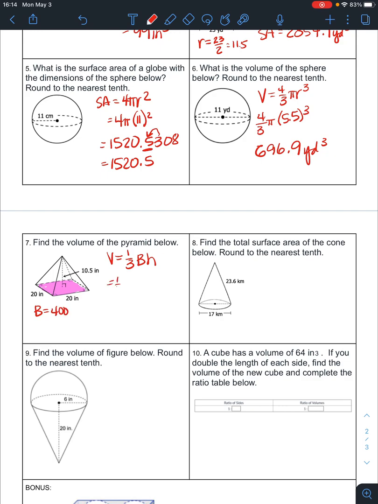So it's 1/3 the area of the base times the height, and that's your perpendicular height, which is 10.5. So 400 times 10.5 divided by 3 is 1400. You could also do 1 divided by 3 times 400 times 10.5 if you're bad about remembering to divide by 3. So don't forget that divide by 3.